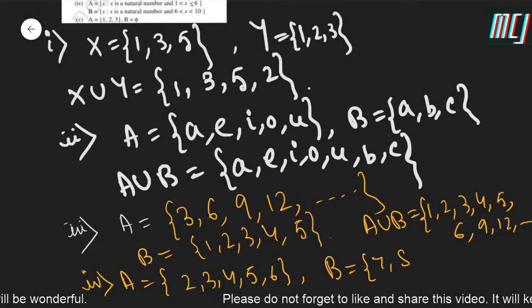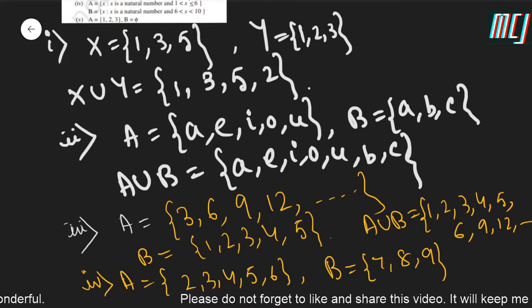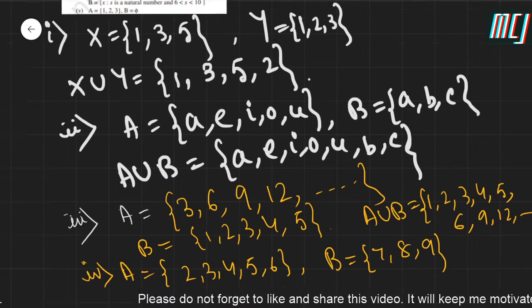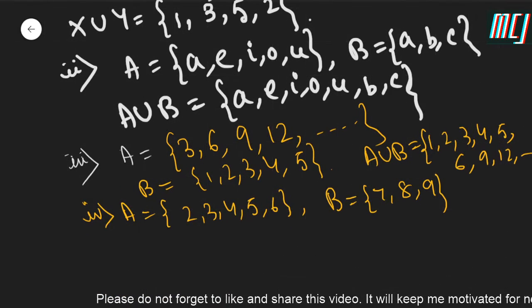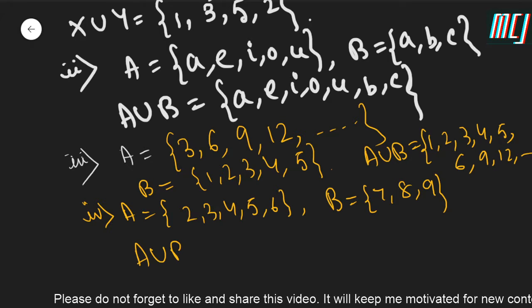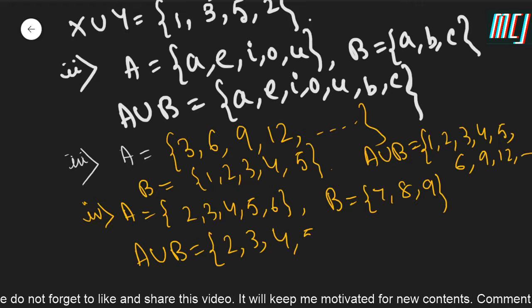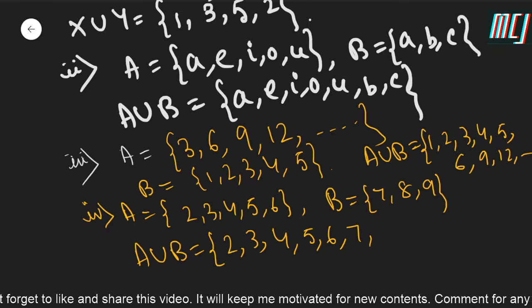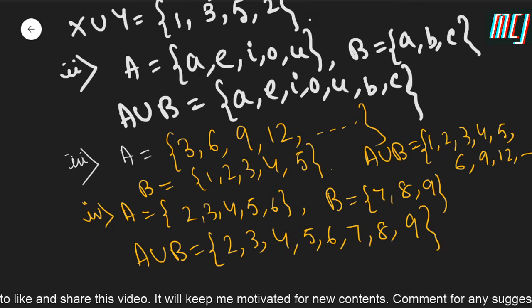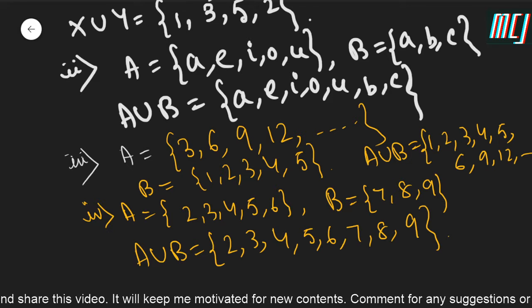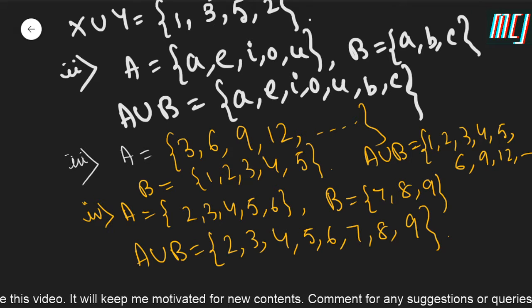So it will be 7, 8 and 9. Okay. So next is A union B. A union B is equal to {2, 3, 4, 5, 6, 7, 8, 9}. Clear? I hope till here it's clear for everyone.